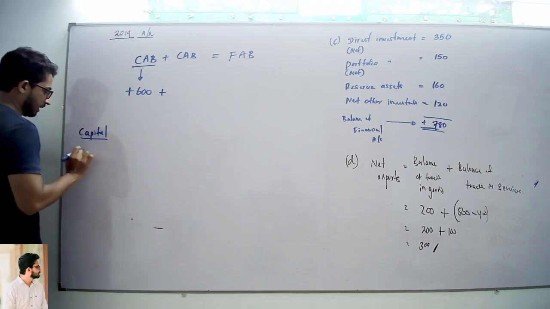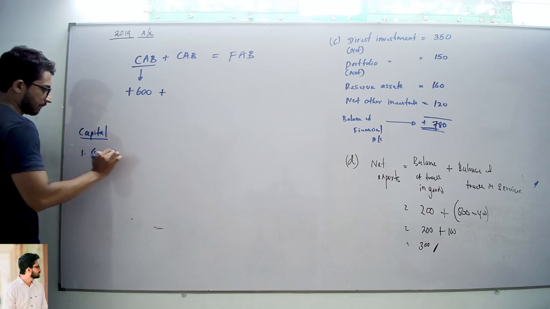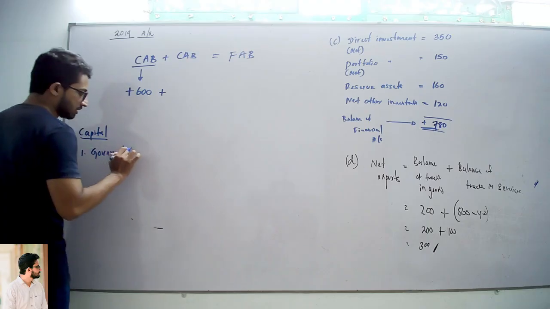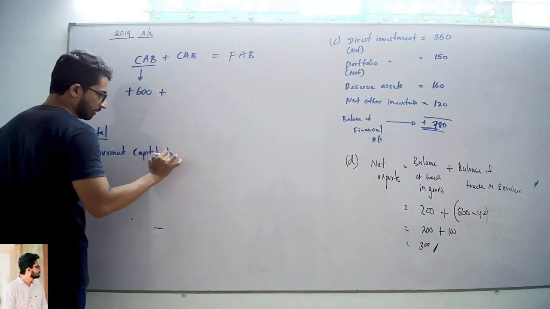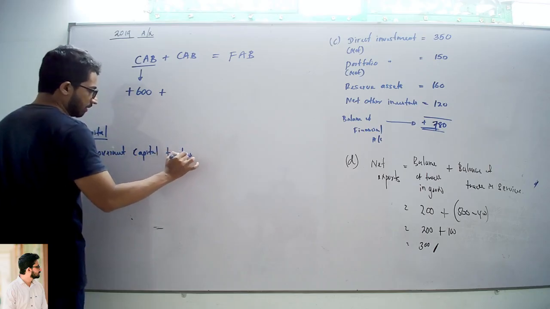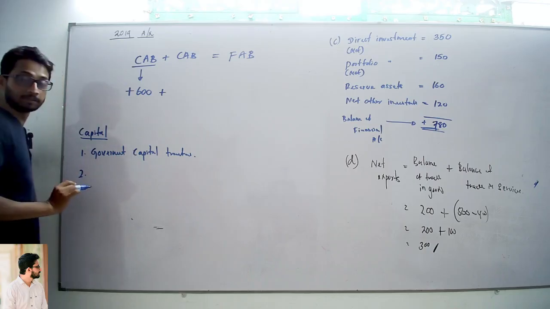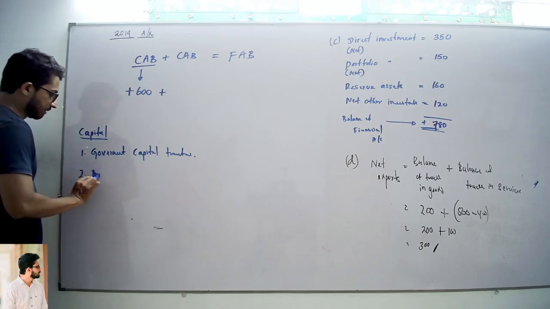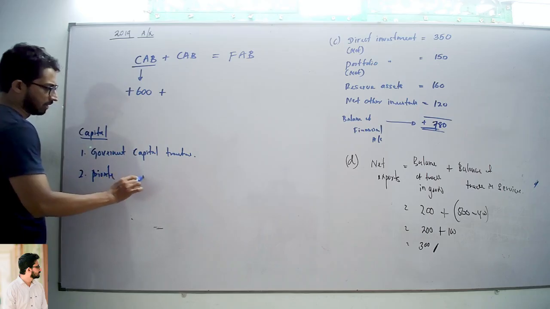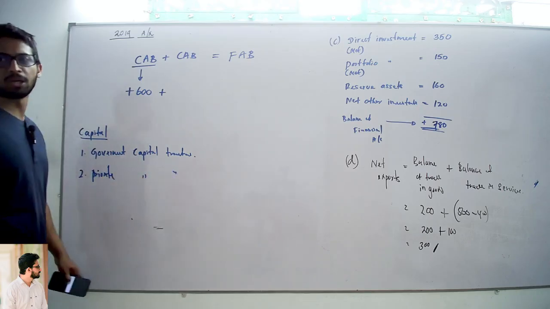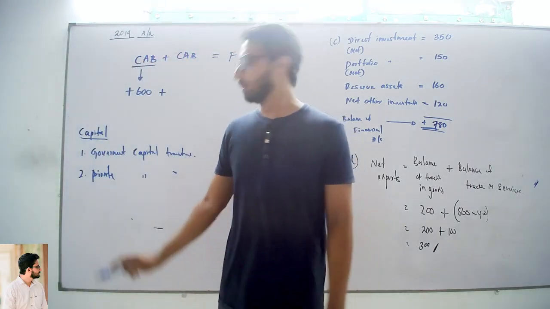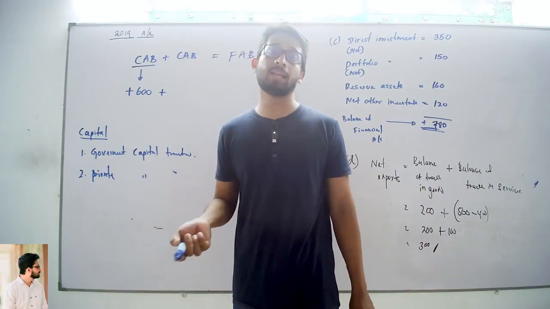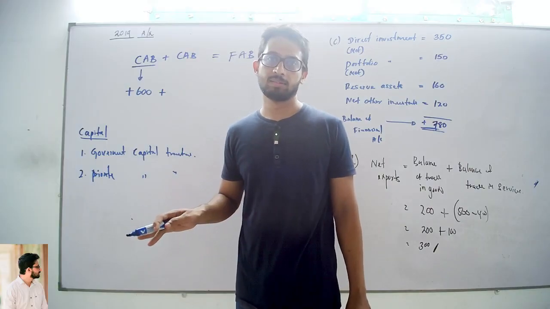Capital account: number one, government capital transfers, plus the other one, private capital transfers. In the Sri Lankan balance of payments, practically there are no private capital transfers, zero. Only government capital. This is a hypothetical example, not a real one.